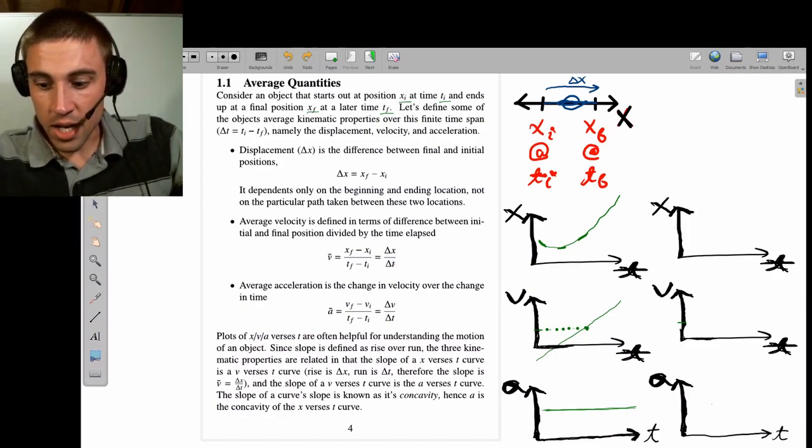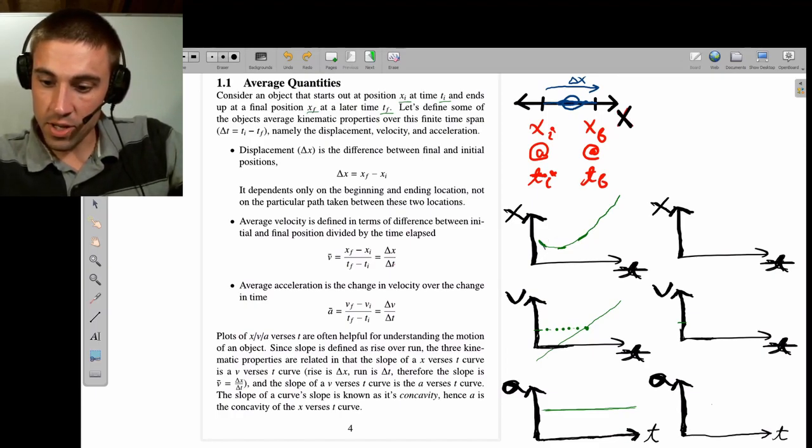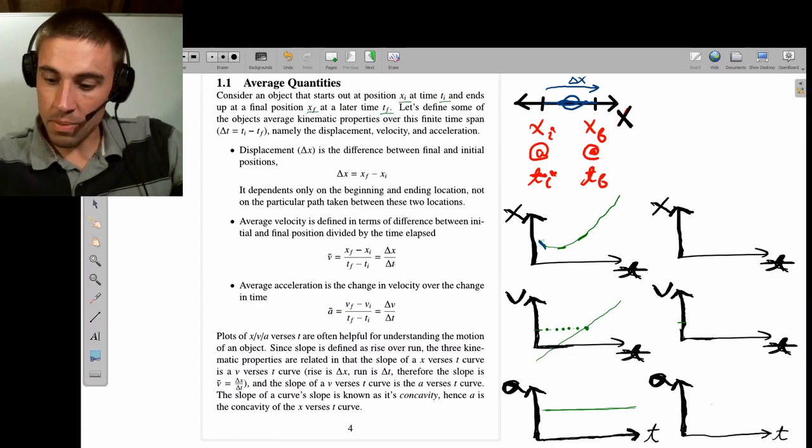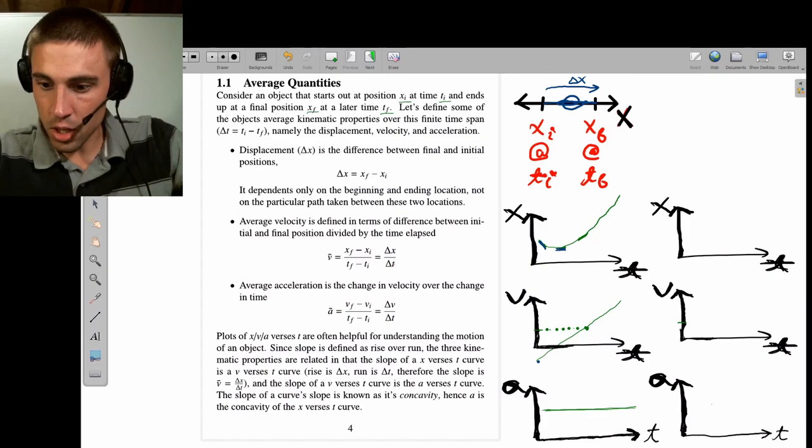So at this starting point over here on the left, you see it has a negative slope. That means that the velocity is negative at that point. Right here, it starts to turn back up. We've now reached the lowest position point, and at that point, the velocity is 0.